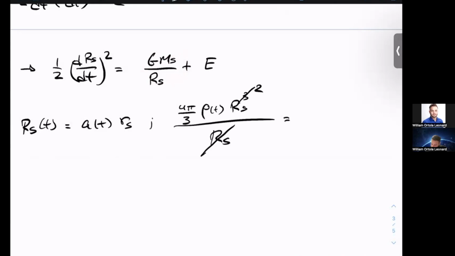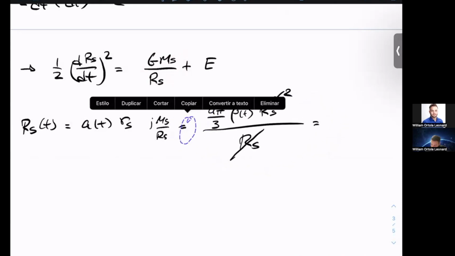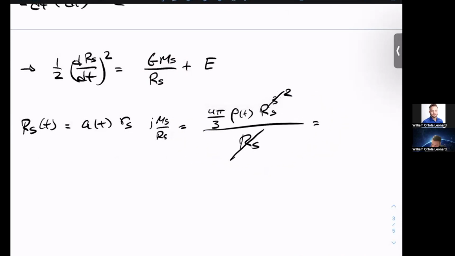And so this is the ratio between Ms and Rs. Let me just write it a little bit more neatly, okay? Okay, so now evaluating this ratio, what we end up finding is basically 4 pi over 3 rho of t, and then this is going to be a squared of t times Rs squared, okay?